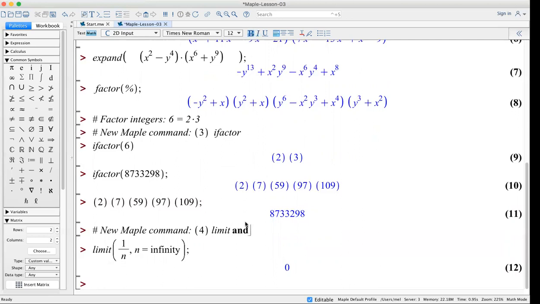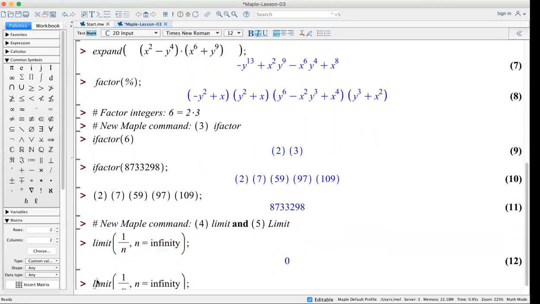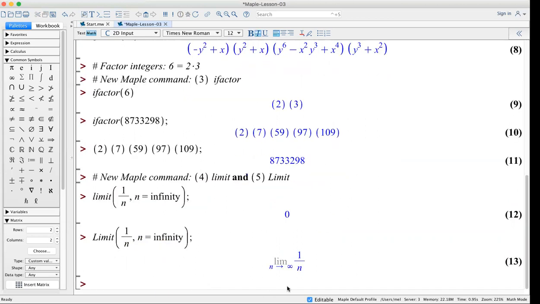Now, there are some commands in Maple that can be written with a capital and have a different effect on your output. So if I were to write this statement with a capital L and not a lowercase l, what I get is the statement of the problem.